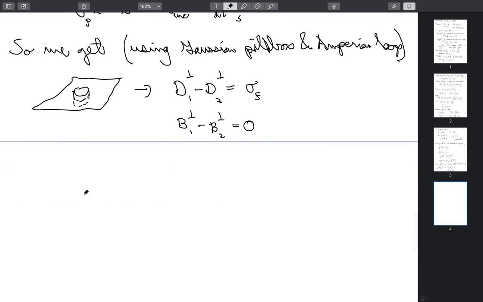Okay, so that's one thing. The other thing I want to do is again consider the surface like this, and now imagine that there's a surface current going like this. So this is a free current, and I've got my normal vector to the surface like this.